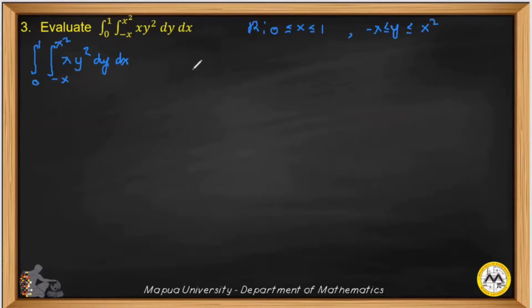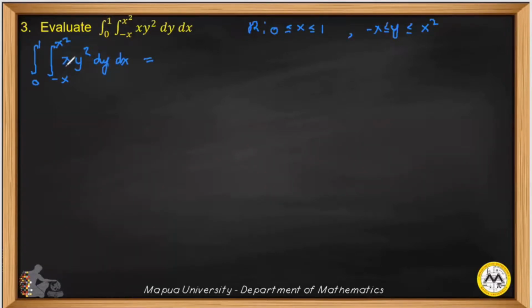So this is the region R, which is non-rectangular. To evaluate the integral, we perform the inner integration first, the integral with respect to the variable y.